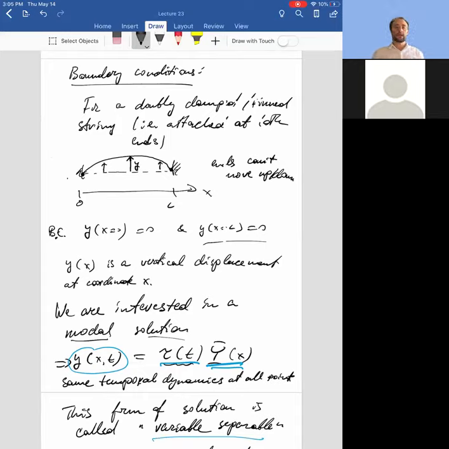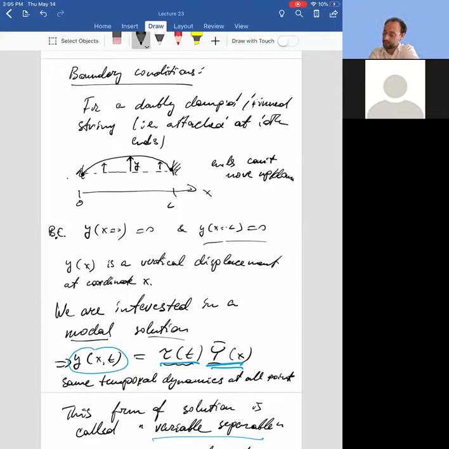Now, because we're seeking modal solutions, what are those modal solutions? They're solutions in which every point on the string experiences the same dynamics as every other point. And that means that the temporal part of the solution must be separate from the spatial part.